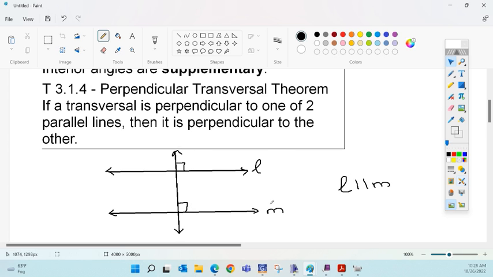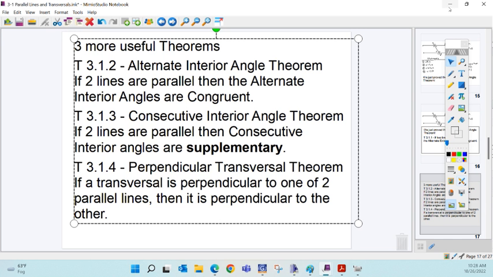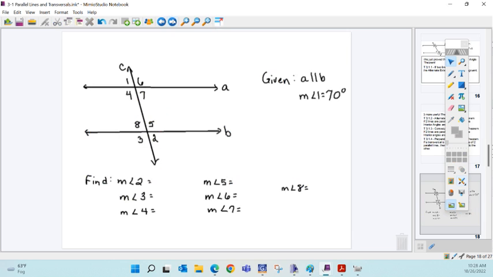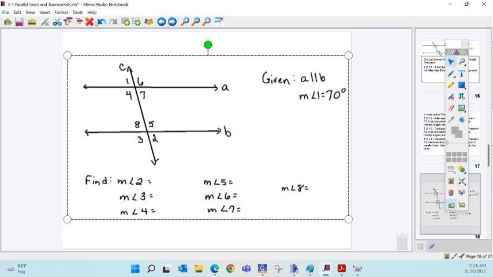Now what these are used for, besides just doing proofs, is for you to find missing angles. So let's take a look right here. If we're going to find the missing angles in here, we're given one to start with. What you need to do is write in angle 1 is 70. You need to write that down, put it right on your picture so that you can see it.